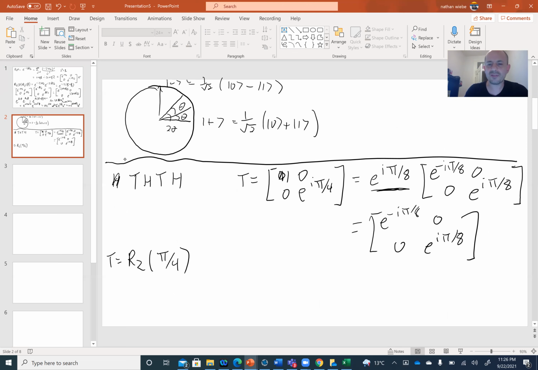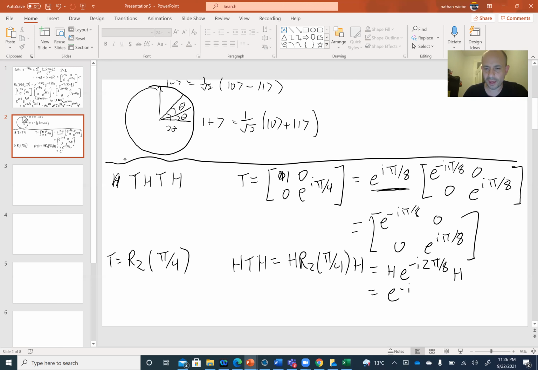Now, the H gate, if you recall, HTH is then equal to H Rz(pi by 4) H, which is equal to H e to the negative i Z pi by 8 H, which is equal to e to the negative i X pi by 8, using a property that U e to the A U dagger is equal to e to the U A U dagger, and the property that HXH is equal to Z, where X is the Pauli operator equivalent to the NOT gate, and Z is the Pauli Z operation.